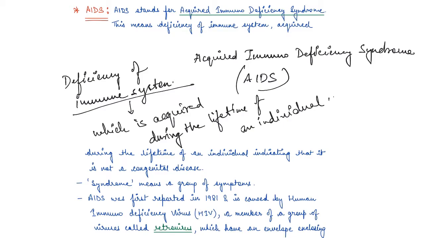It indicates that it is not a congenital disease. It is not a disease which has been there since you were born. Congenital diseases are such diseases which you have as soon as you are born. You're born with these diseases. AIDS is not a congenital disease.